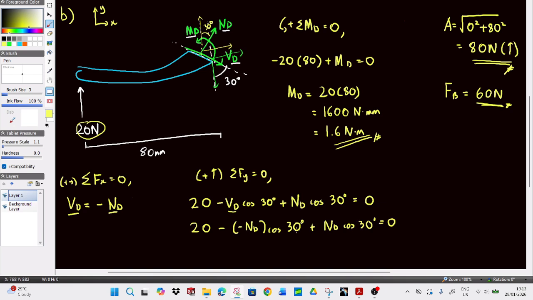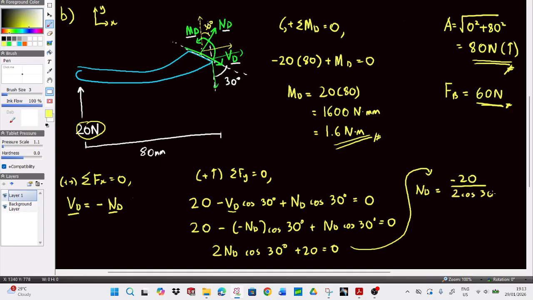So negative negative becomes positive, and plus ND, you simply get 2 ND cosine 30 degrees plus 20 equals 0. Upon rearranging the expression, you would have ND as negative 20 over 2 cosine 30 degrees. So just simply negative 20 over 2 cosine 30.